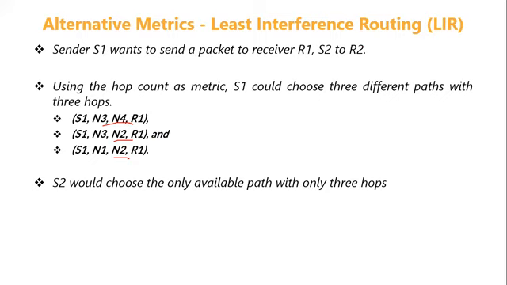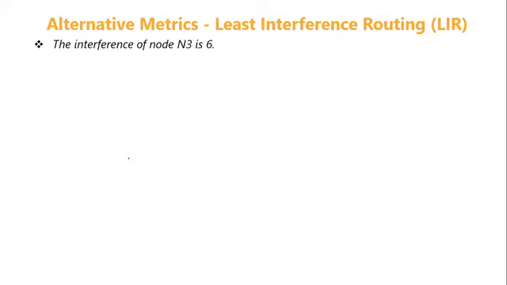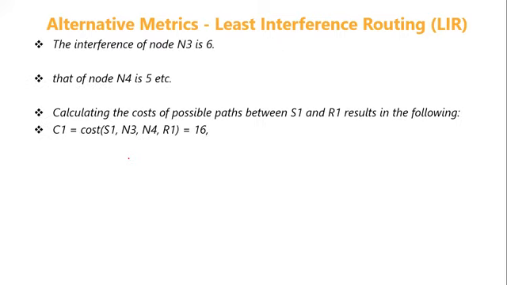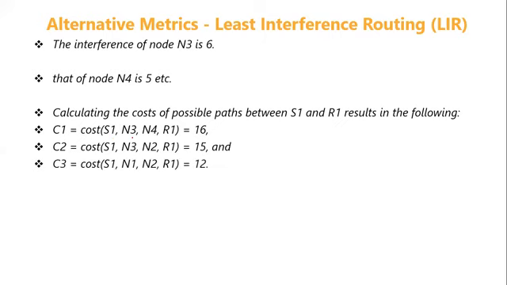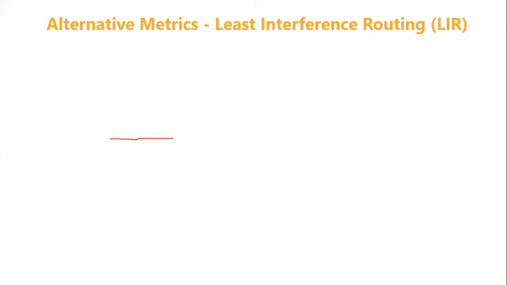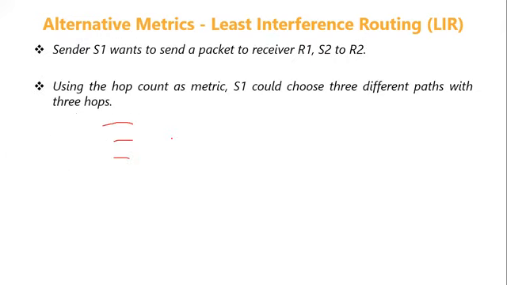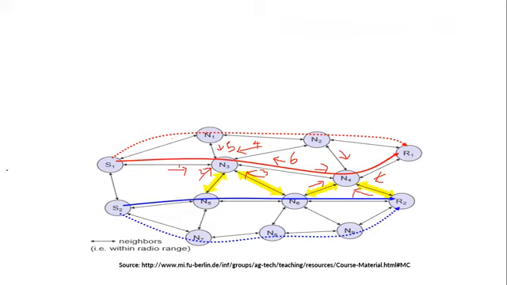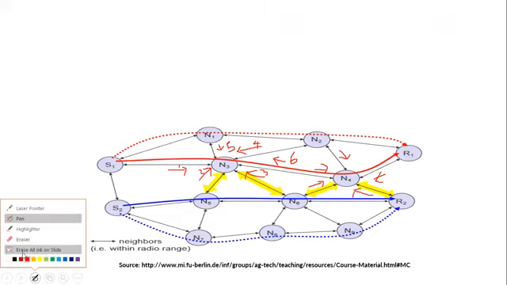The first cost value is 16, for S1 to N3, N3 to N4, N4 to R1. How is it 16? Let us see.